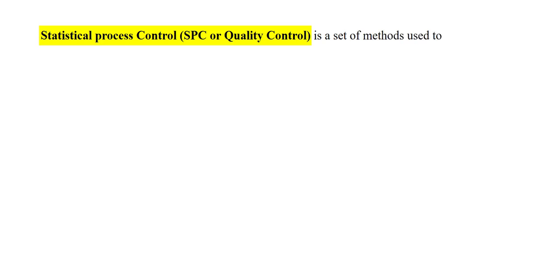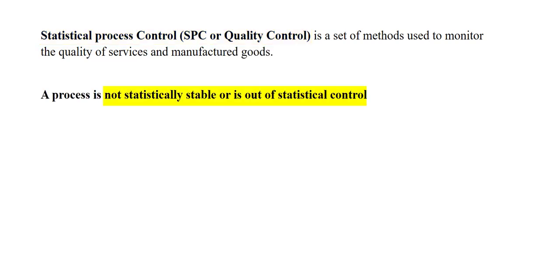Statistical process control, SPC or quality control, is a set of methods used to monitor the quality of services and manufactured goods. A process is not statistically stable or is out of statistical control if one or more of the following criteria are satisfied.